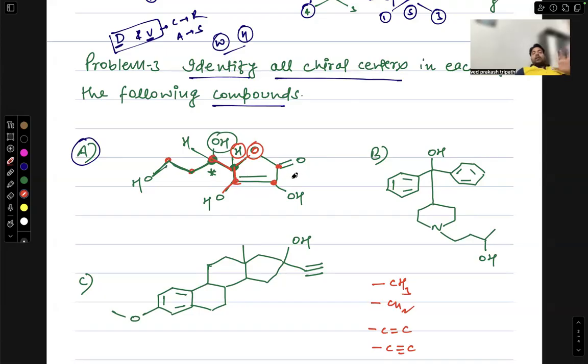I said always compare the entire length. The downside has this kind of structure, and the left side has this bulky structure. So these two lengths are different, hydrogen is different, oxygen is different. So this one is also chiral. Does it make sense?